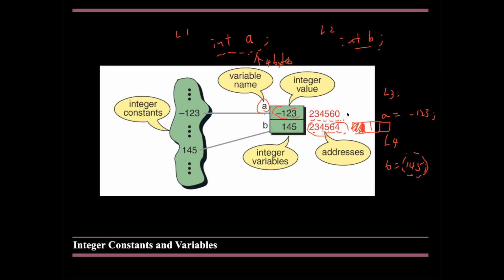Same thing with A as well. So this illustrates integer constants and variables. Remember, constant means literal. So literally you're assigning a constant value to be the value of A, and another one for the value of B. That's what this is illustrating.